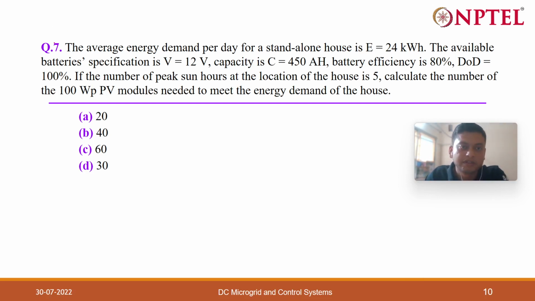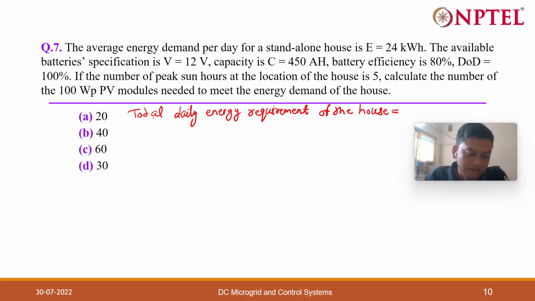So if we see the total daily energy requirement of the house, here it is given as 24 kilowatt hour.